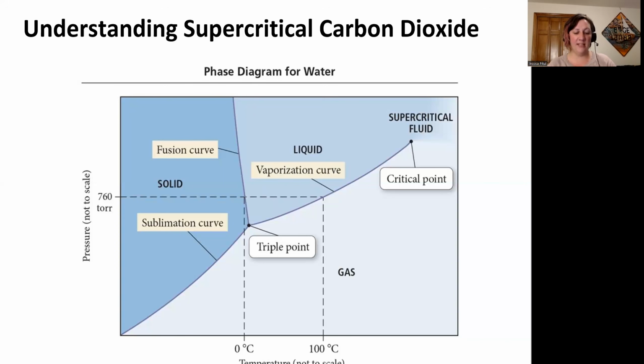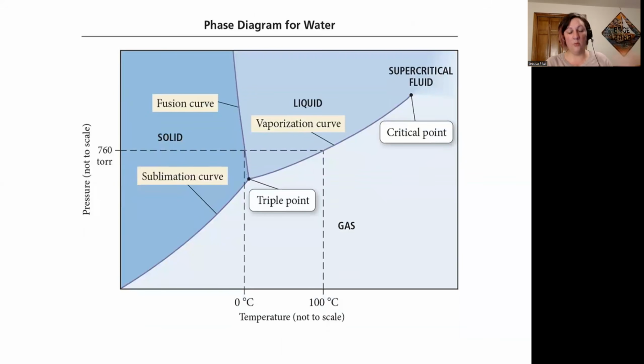These phase diagrams show temperature versus pressure and try to show what the phase transitions would look like at different pressures. So here's the phase diagram of water, and then we'll look at carbon dioxide. We've got temperature here on the bottom, and we have pressure on the y axis right here.